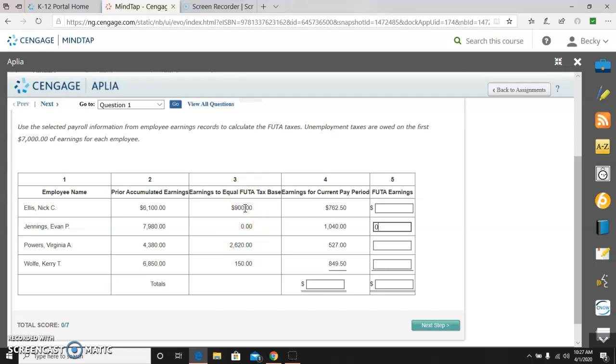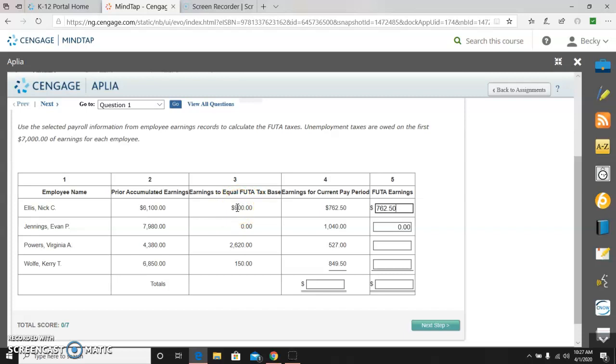So now we have to do this comparison of what earnings are still taxable versus how much we made. So for Nick, we're going to put 762.50, and again, the reason that it's 762.50 is because they still have $900 worth of earnings they could have made to get up to the tax base.